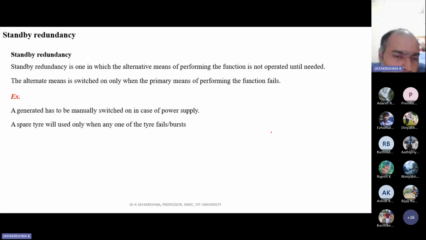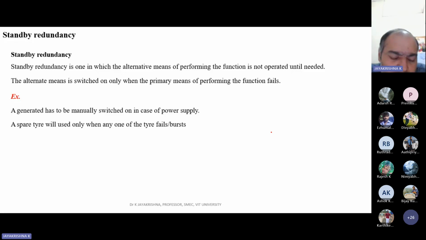Or in the case of a four-wheeler, you're driving a car for a long distance, and in a car there is always a spare tire, what you call a stepney tire. So when any one of the tires of your vehicle fails, this stepney tire takes the position of the primary tires. Like the rear left tire has gone, you can take the stepney tire and put it in its place.